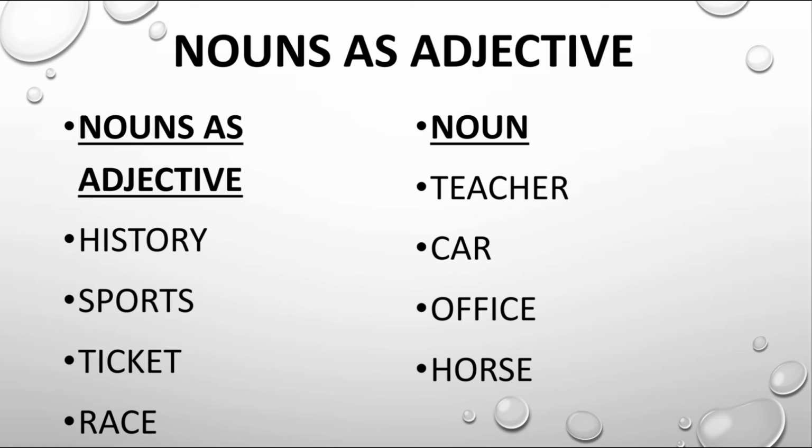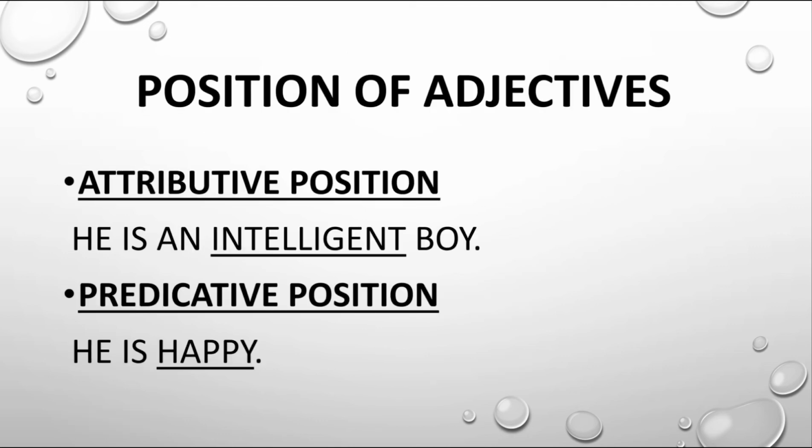Now comes position of adjectives. Just read this example. He is an intelligent boy. Now the adjective intelligent comes immediately before the noun. Boy is the noun here, and intelligent is an adjective and it comes immediately before the boy.